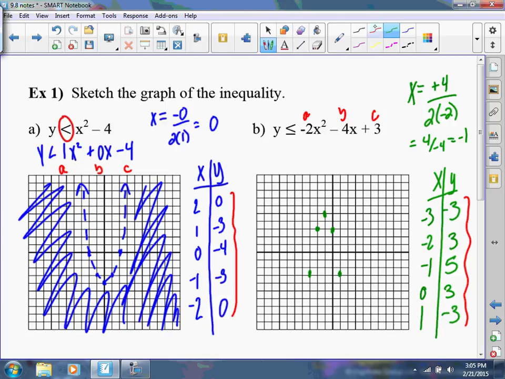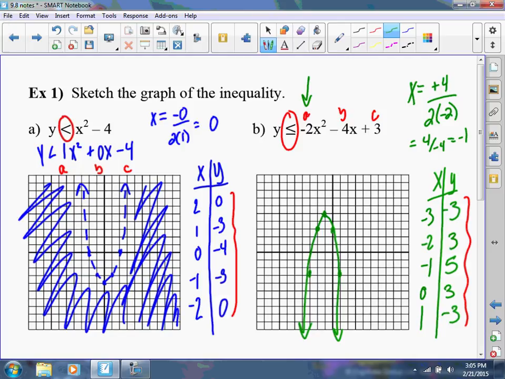Okay, now again, I have to look at my inequality sign to figure out what kind of line I'm going to make. That has the equal to, so I'm going to make this a solid parabola, solid line. And it's opening down, and that's good because our A value is negative, so it's supposed to be opening down. And now I just need to figure out where I'm going to shade.